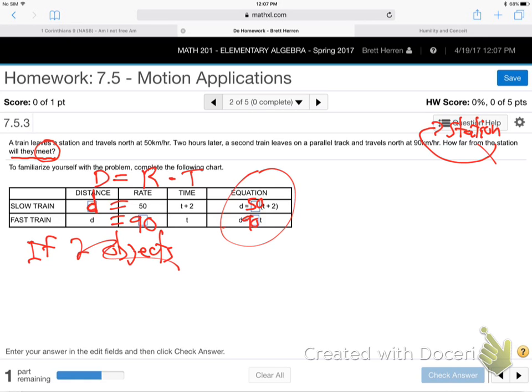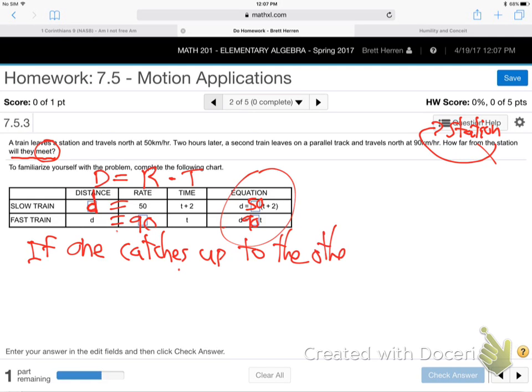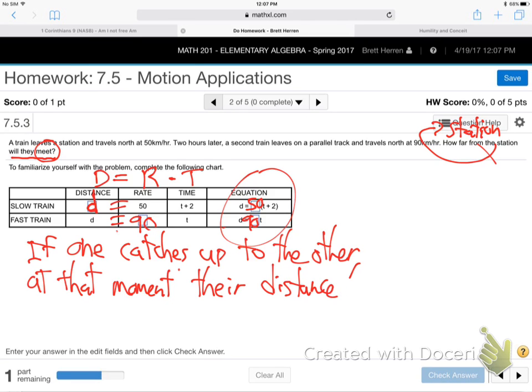well, that's not a good way to say that. Let me say it. If one catches up to the other, at that moment, their distances are equal.